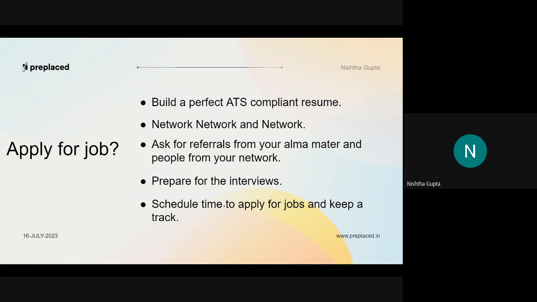So it's very important to schedule an hour or two max in a day to only apply for jobs, right? Because the rest of the time you have to give to building your resumes, changing those resumes based on the job descriptions for the roles which you are applying, and preparing for interviews.